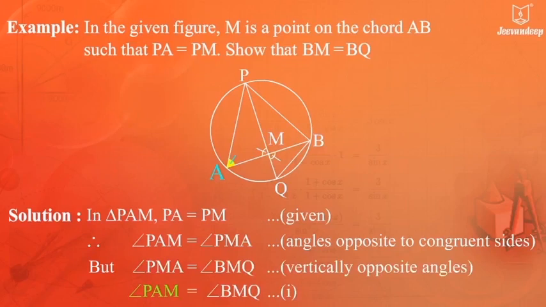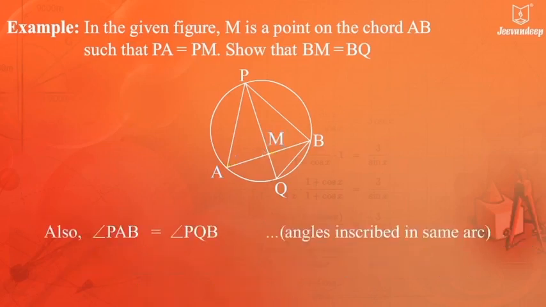Angle PAM equals angle BMQ. Equation 1. Also, angle PAB equals angle PQB, being the angles inscribed in the same arc.